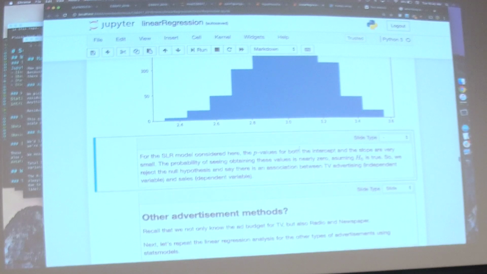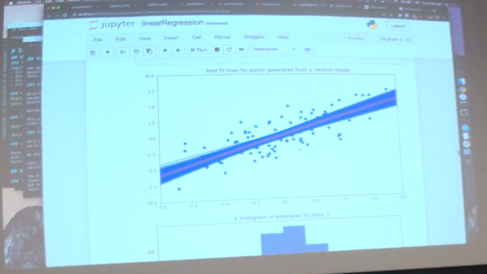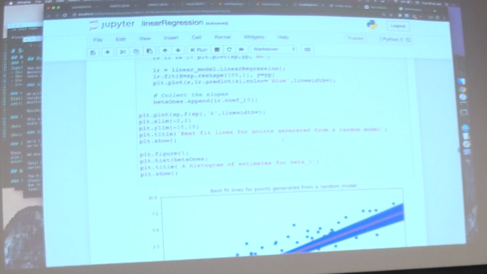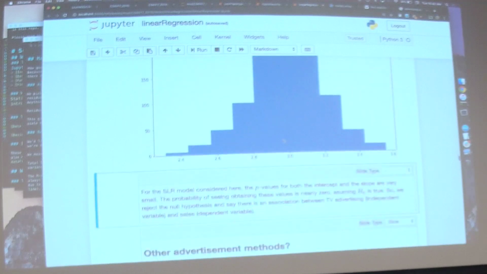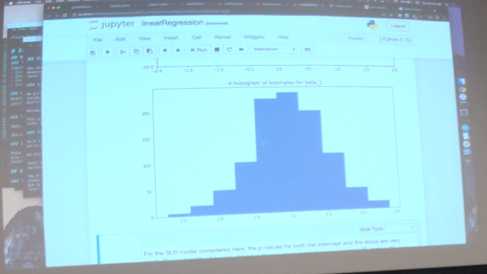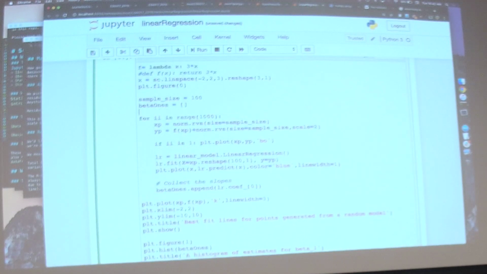Okay. So if we look at the intercept, I'm not collecting it here, but if we looked at the distribution of the beta zeros, let's go ahead and add that. Let's take a look at what these are.